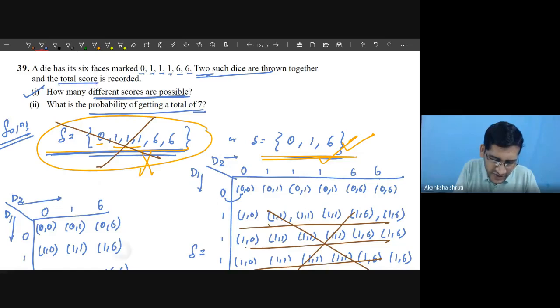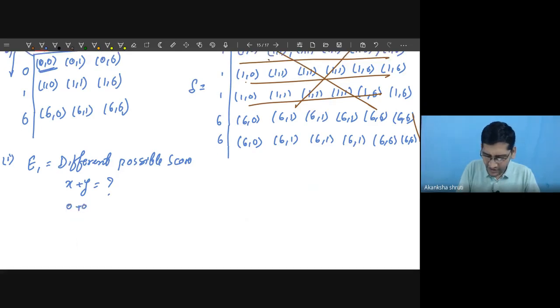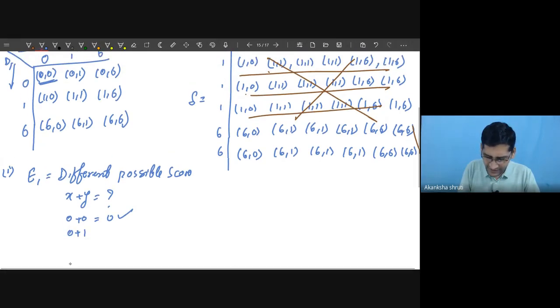So total score is recorded, means the sum we have to write. X plus Y, how much? One is if 0, 0 is there, it can give us 0. It is one of the scores. That event I will write. The other one, first one is 0, another one is 1. So it can be 1. First one is 0, the other one can be 6.